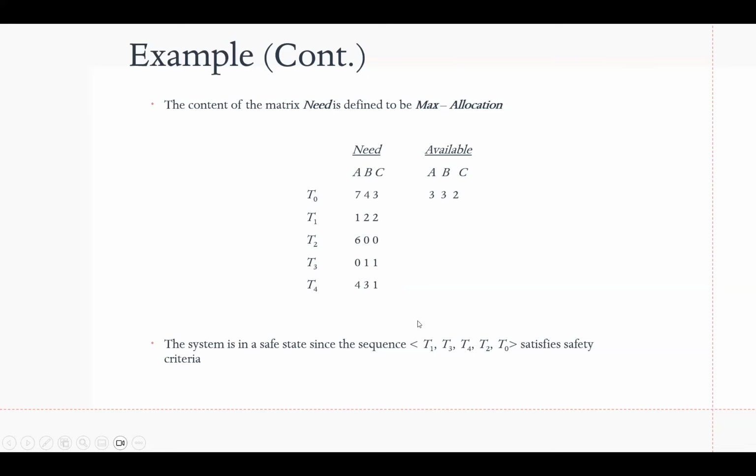So the safe sequence for this system is T1, T3, T4, T2, and T0, which satisfies the safety criteria. So using the safety algorithm, here we have found the safe sequence. If the safe sequence is present, it means the system is in the safe state.